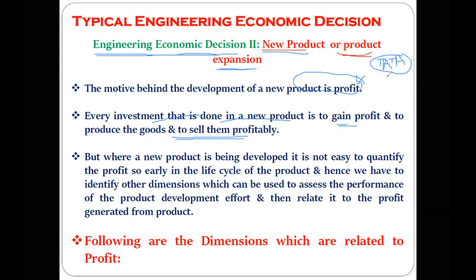Okay, now let's come to this example. Suppose there is a company, Tata company, and Tata company has decided to launch a new four-wheeler. For example, recently Tata company has launched the Ultras car.